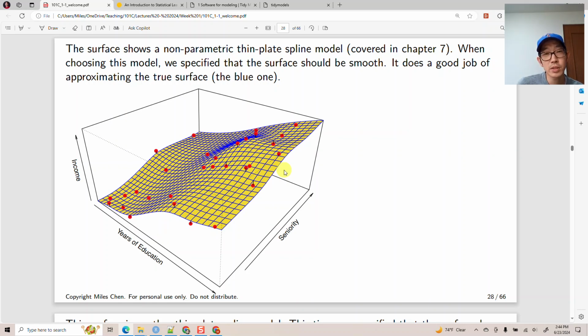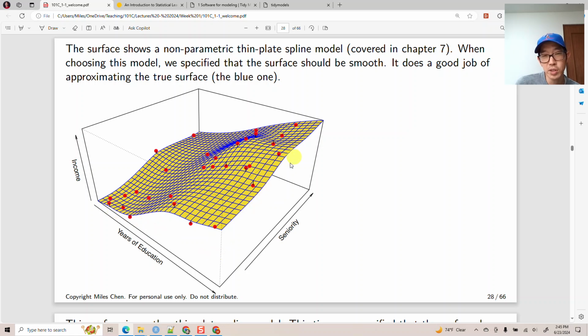Over here, this is a spline model, a non-parametric thin plate spline model, covered in one of the later chapters. They specified that the splines should try to fit a smooth surface, and so it tries to do that.